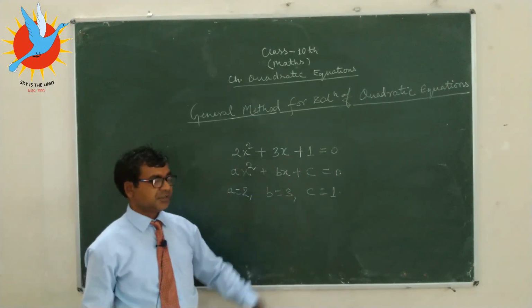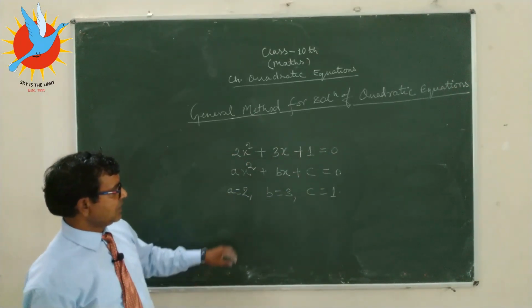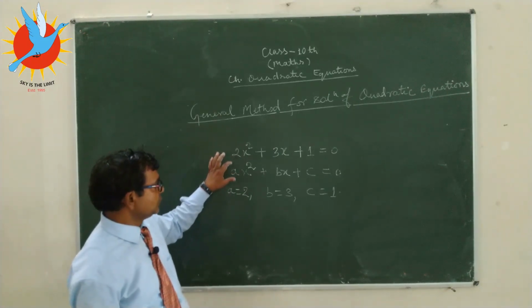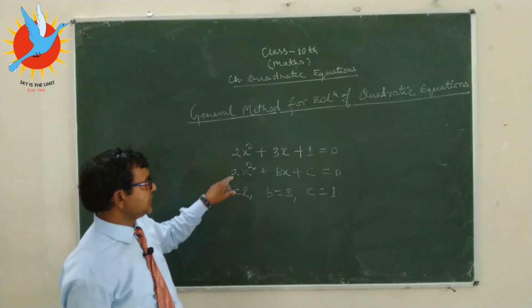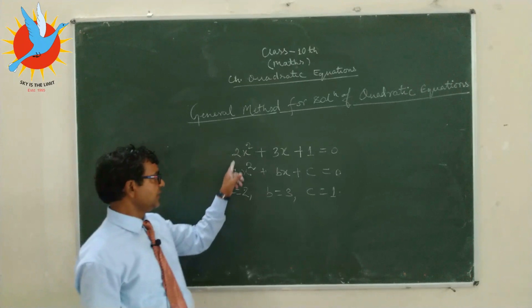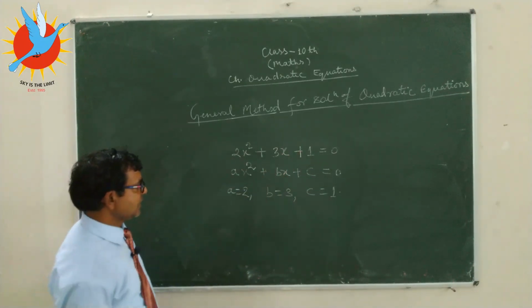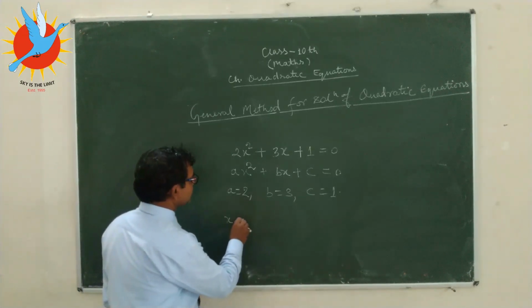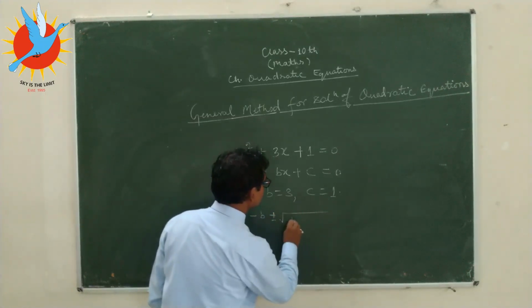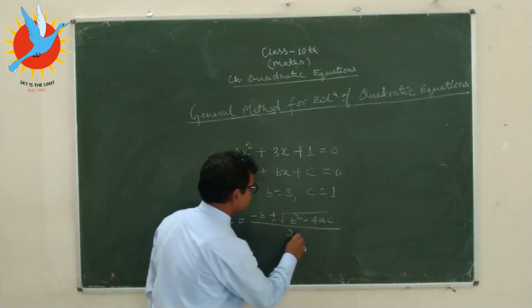Here we have written the general form of quadratic equation and we have supposed that both the equations are the same. So if you consider both equations are the same, the coefficients of both equations would be the same. Therefore a equal to 2, b equal to 3 and c equal to 1. Now the Sridharacharya formula is minus b plus minus root over b square minus 4ac upon 2a.